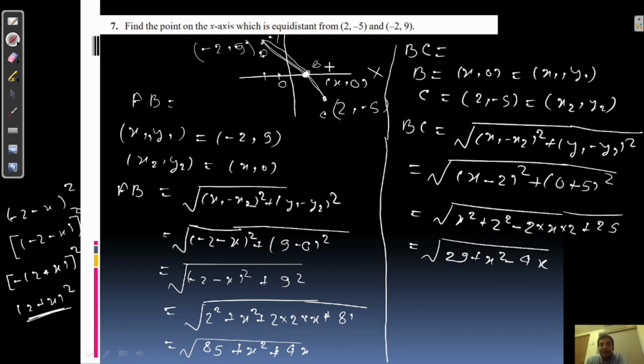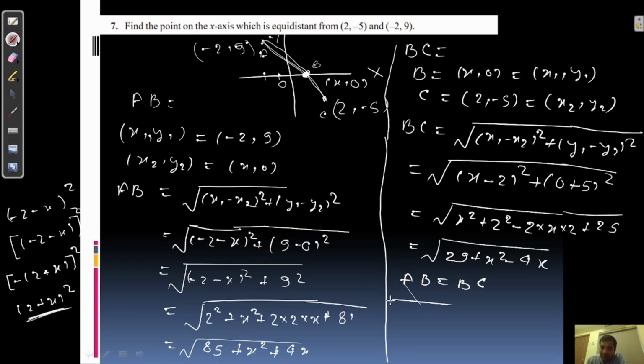Now in the question itself it is said, find the point on the x-axis which is equidistant from both points, meaning this point B has equal distance from A and equal distance from C. So I can say AB is equal to BC.